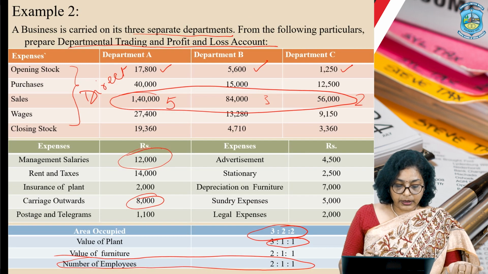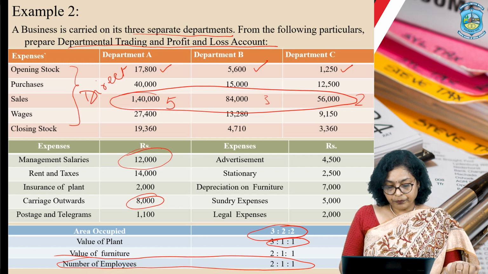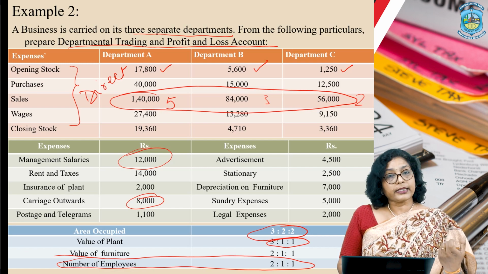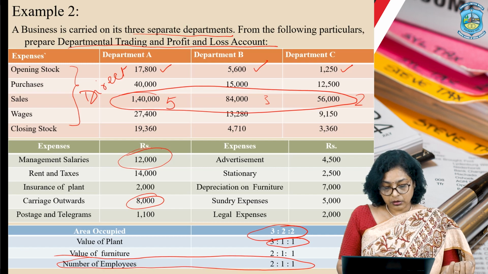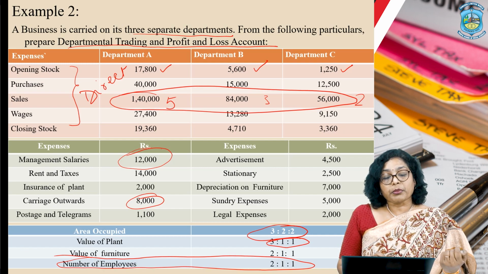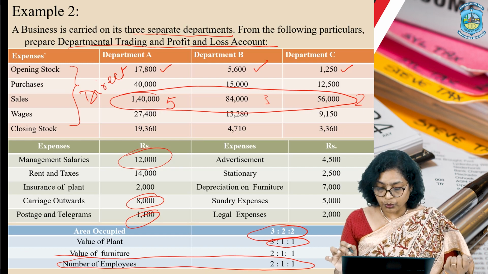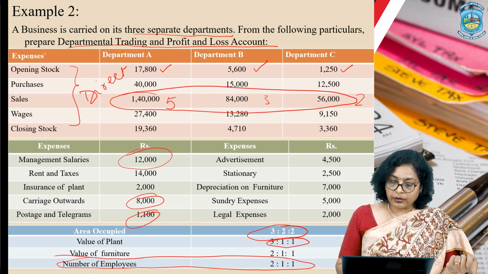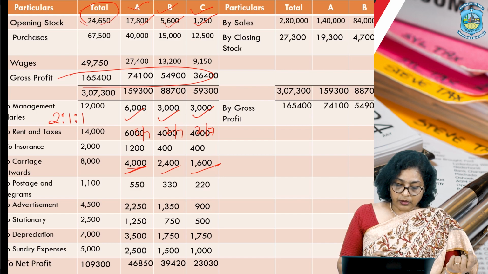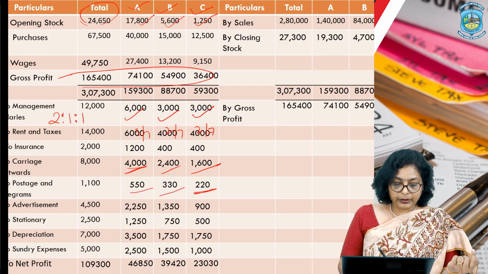Right. Now, the next is postage and telegrams. Since there is no further basis of allocation, we will distribute it on the basis of sales, and that is 5:3:2. 5/10 of 1,100 to A, 3/10 to B and 2/10 to C department.